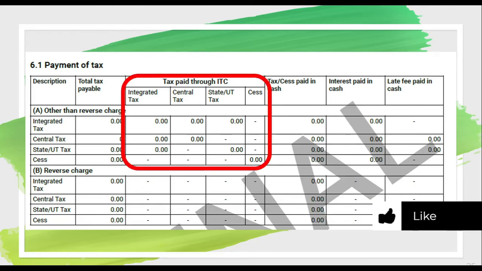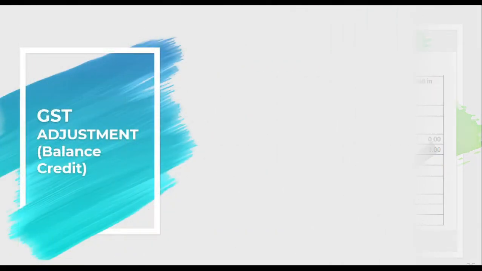Adjust this ITC. The ITC mentioned here in this red box will be adjusted against your total tax payable. For the GST adjustment, if your balance is credit, I am assuming that you don't have to pay any cash. There is enough credit available in your portal or in your ledgers so that you can adjust your output liabilities against the ITC or credit available.